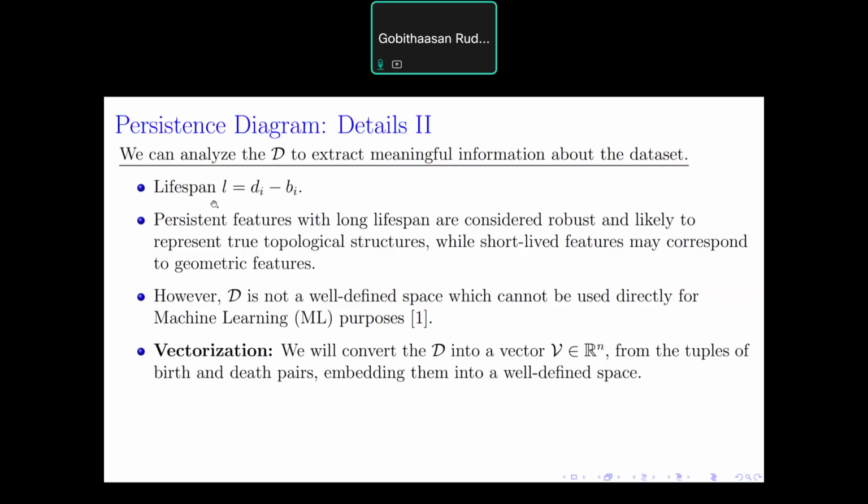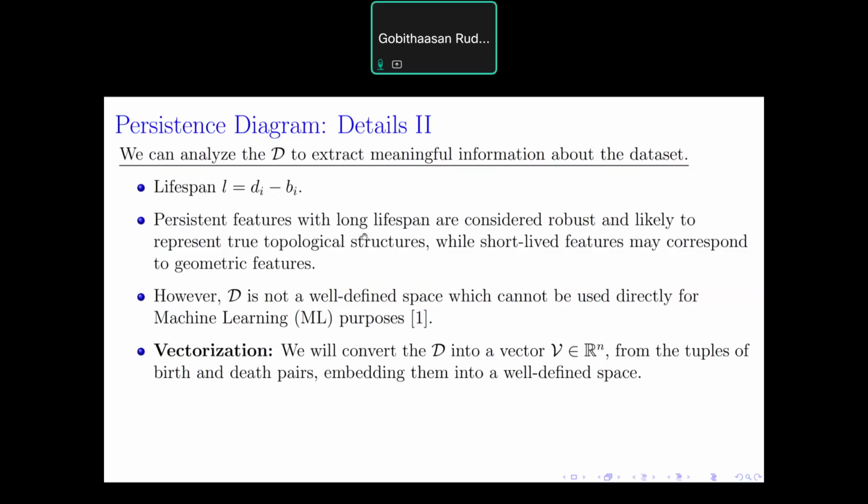Lifespan is denoted as L, equal to the death minus the birth. We can take the collection of death minus birth, and keep track of all the lifespans of the death and birth pairs. Then we can use this information for machine learning.